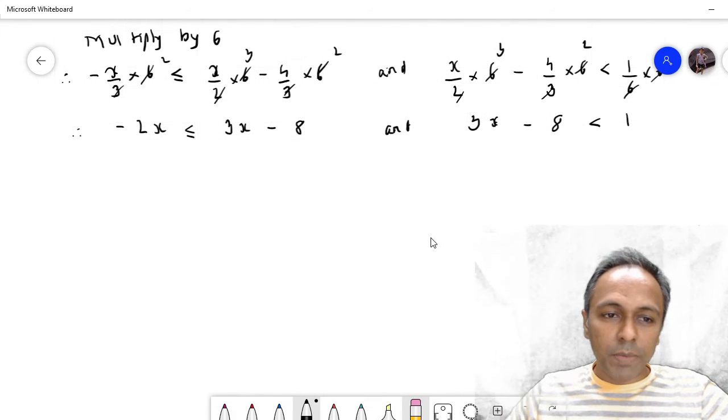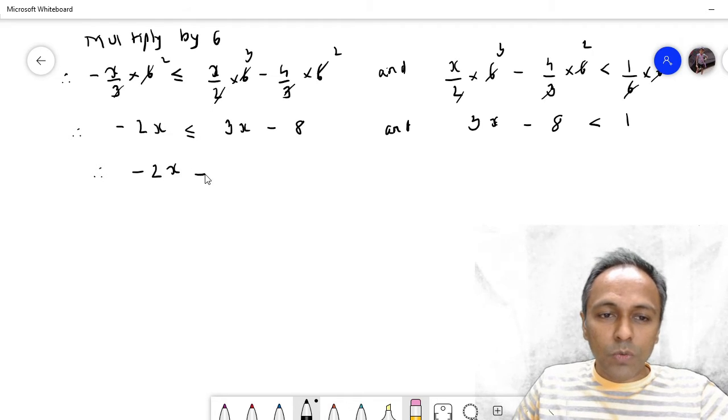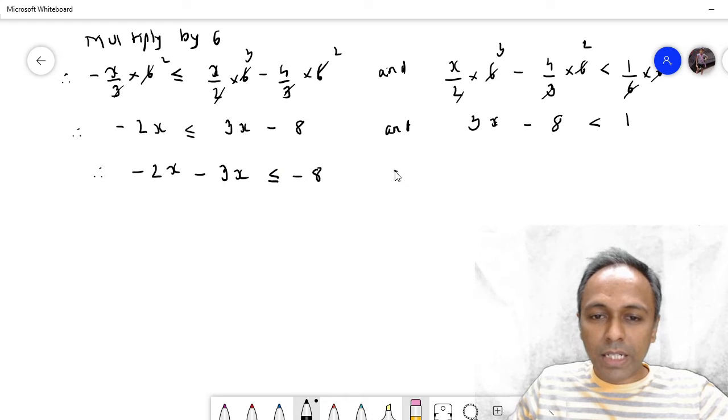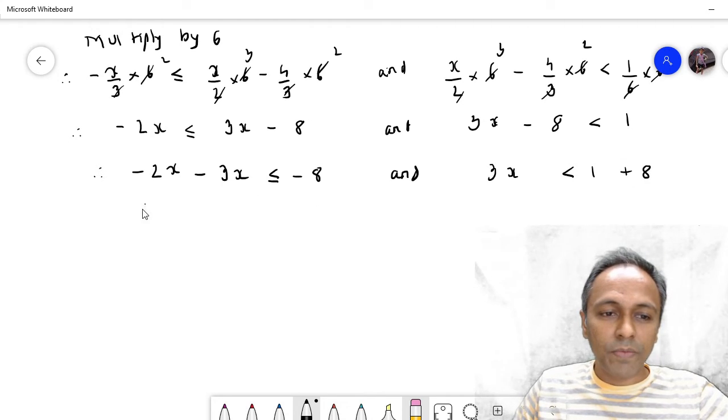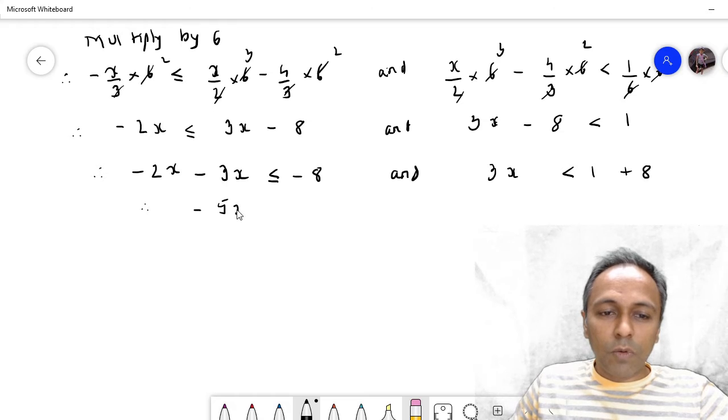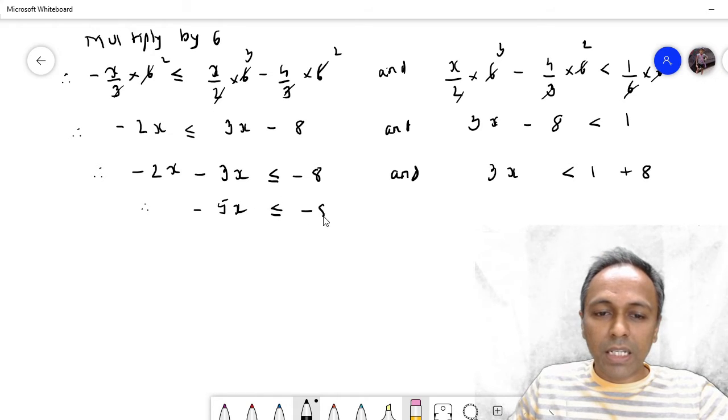As usual, let's keep x terms on the left hand side. Therefore, minus 2x minus 3x is less than or equal to minus 8, and 3x is less than 1 plus 8, moving minus 8 to the other side. Therefore, minus 5x is less than or equal to minus 8.